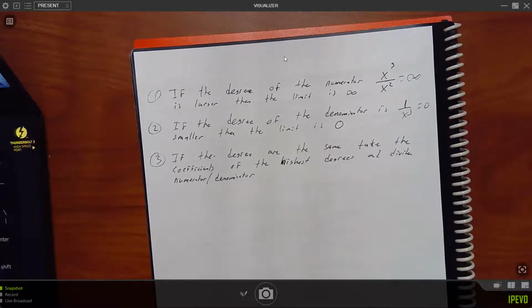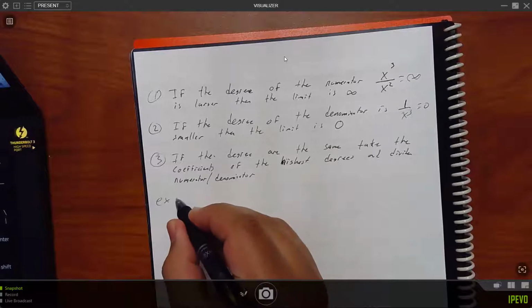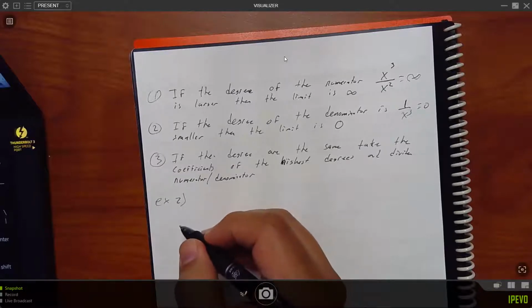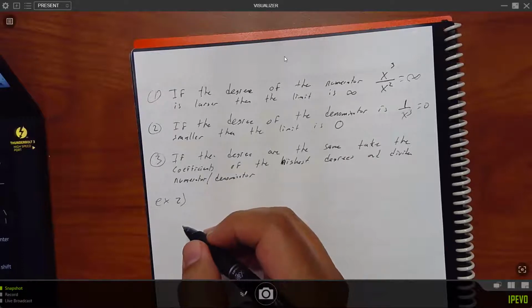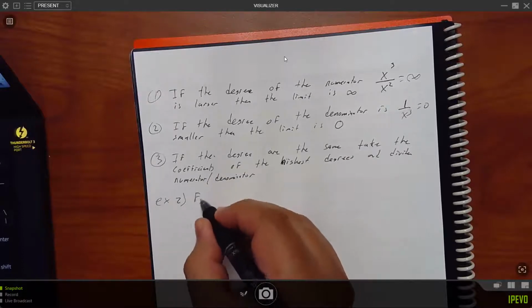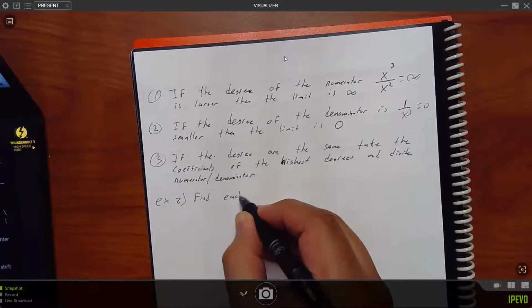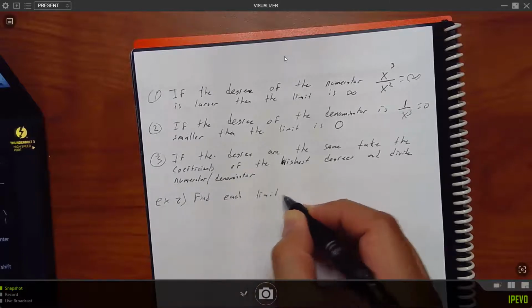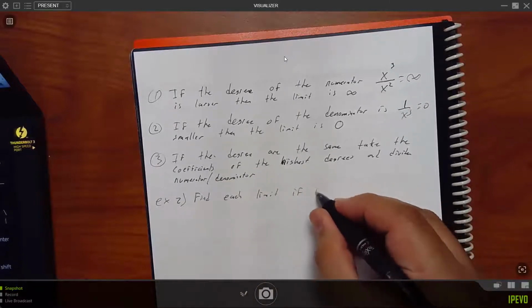Well, let's show you an example where that happens. Find each limit if it exists.